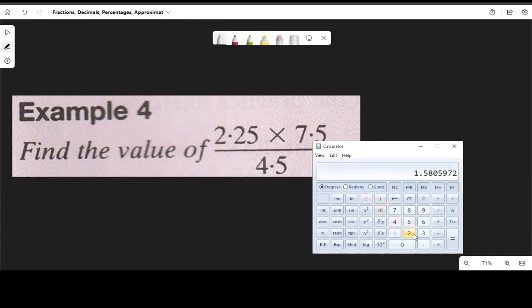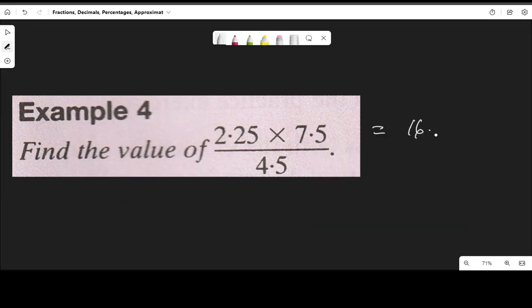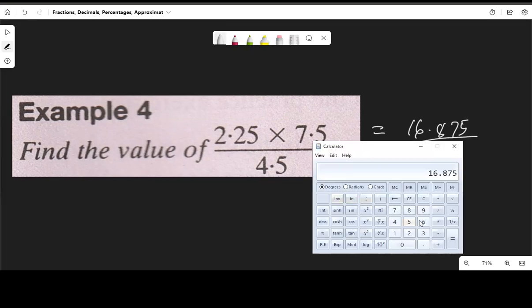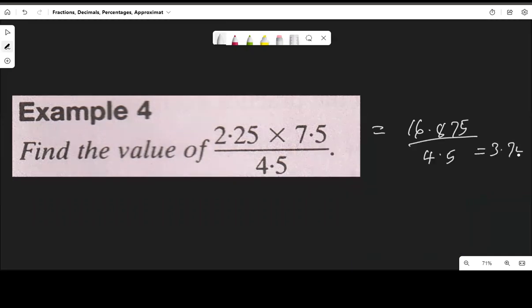This calculation right away: 2.25 multiplied by 7.5 is equal to 16.875. 16.875 divided by 4.5 is 3.75.